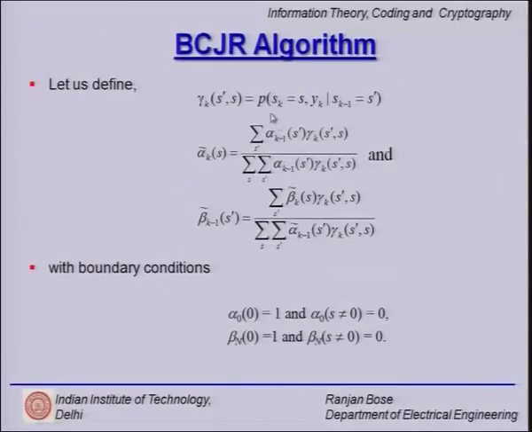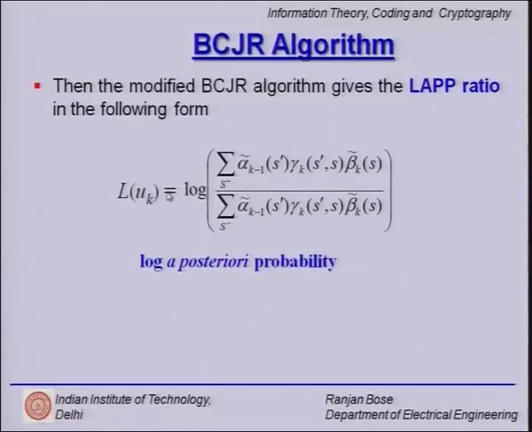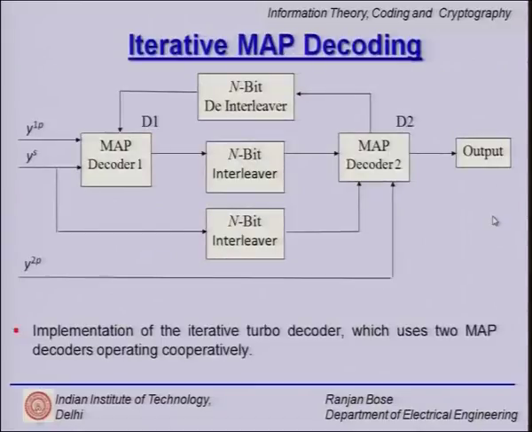We can do a little bit of maths, and we have these forward and backward gains, which are intermediary terms alpha tilde and beta tilde with some boundary conditions. We can go into the details of this BCJR algorithm to define exactly what the log a posteriori probability is in terms of these alphas and betas. So, this is the LAPP ratio. Based on the sign, the decoding can happen. That is how you do the estimate.